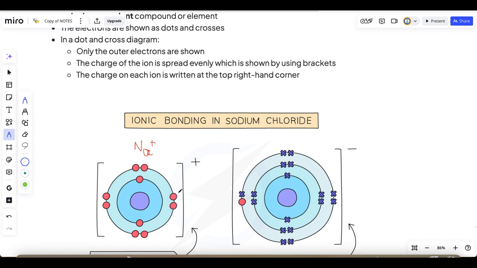You can see here that sodium has given the only one electron in its third shell to the chlorine. So this one no longer has a third shell, only first and second shell. He has lost one electron, and so he has given it to this. So the dot and cross is just to differentiate the electrons.